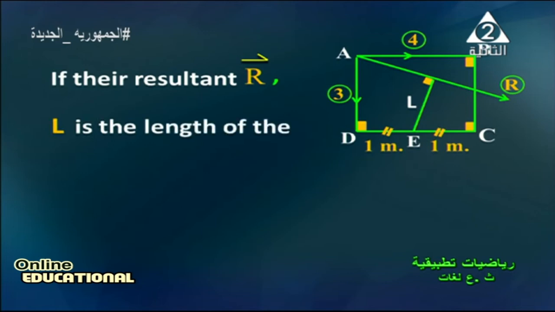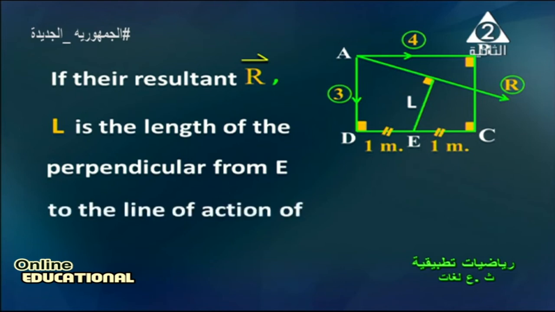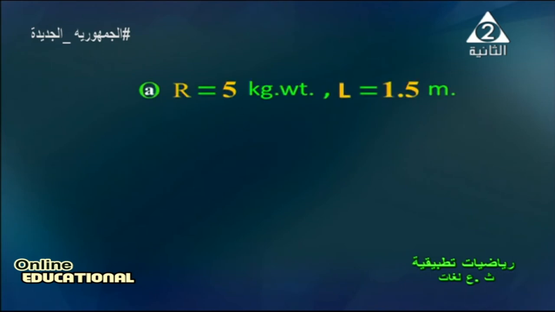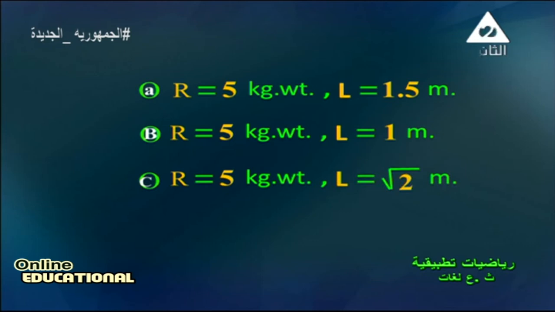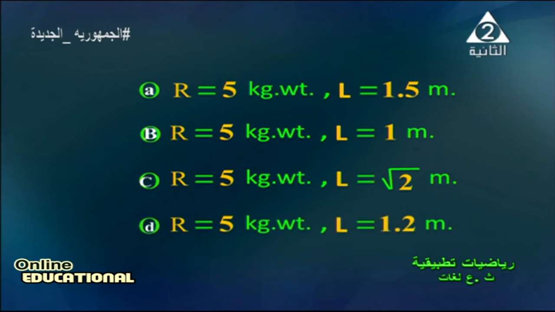If the resultant is R, and L is the length of the perpendicular from point E to the line of action of the resultant R, then: R equals 5 kilogram weight and L equals 1.5 meter; or R equals 5 kilogram weight and L equals 1 meter; or R equals 5 kilogram weight and L equals root 2 meter; or R equals 5 kilogram weight and L equals 1.2 meter.